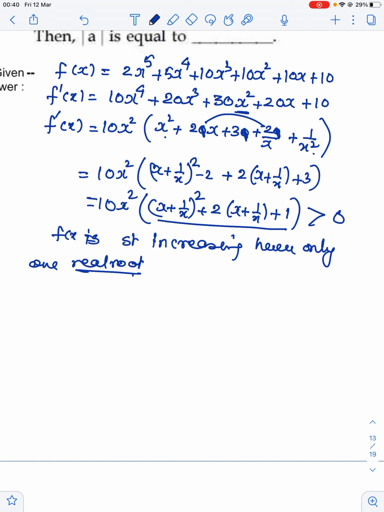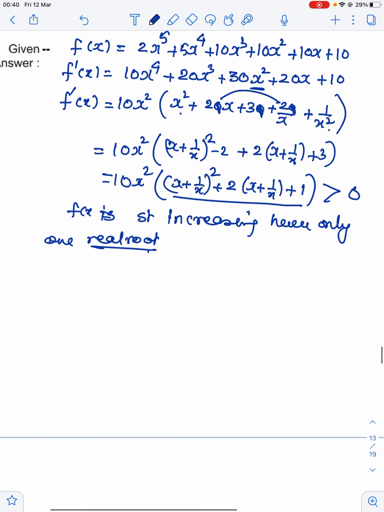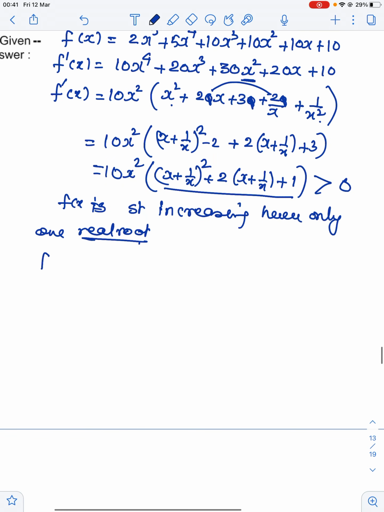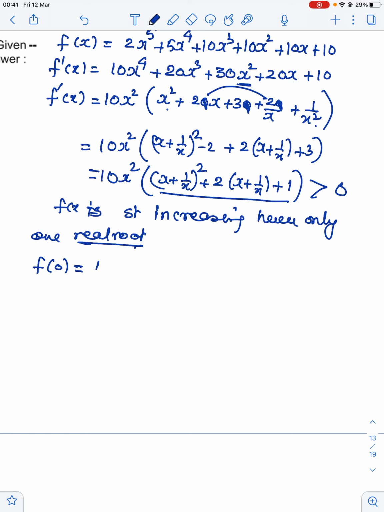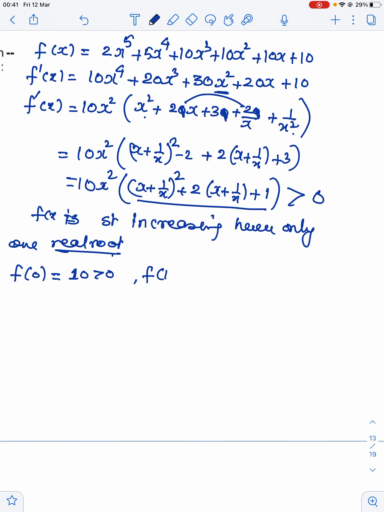So we have to only hit and try and check in which interval the sign is changing, because if the root is lying between two numbers, then definitely at the two numbers the sign will be different. So let us give a try. f of 0, let us check the value of the function at x equal to 0, that is 10, which is positive. f of 1 is obviously positive because all the coefficients are positive.